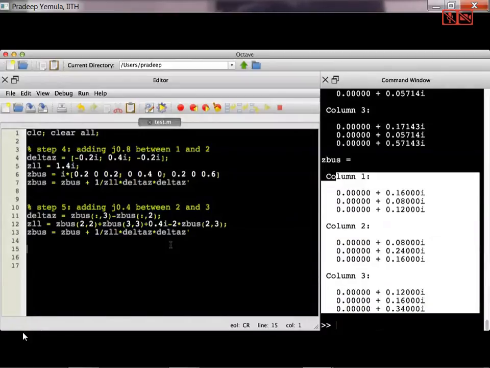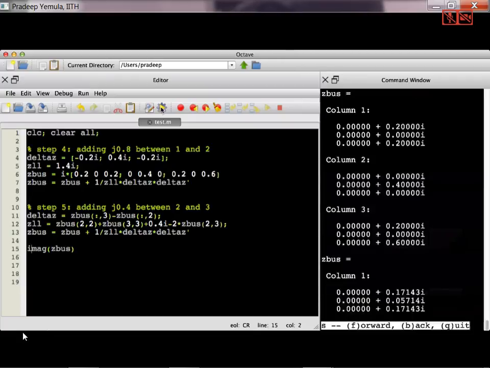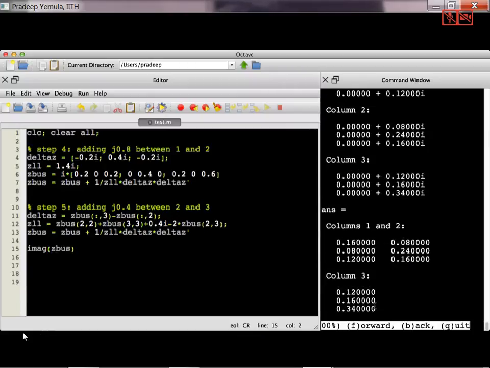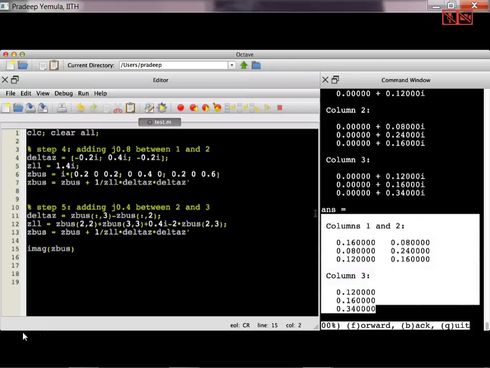So let me display the imaginary part of it, the imaginary part of Z bus. Finally, on the right side you are seeing the final solution. This is the final Z bus after bus 5. Let me copy this solution to our screen.